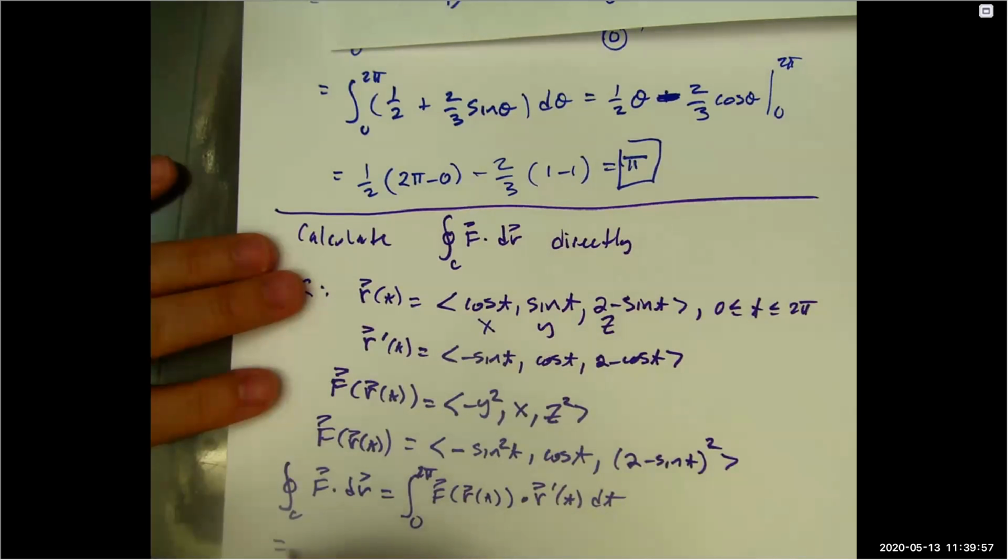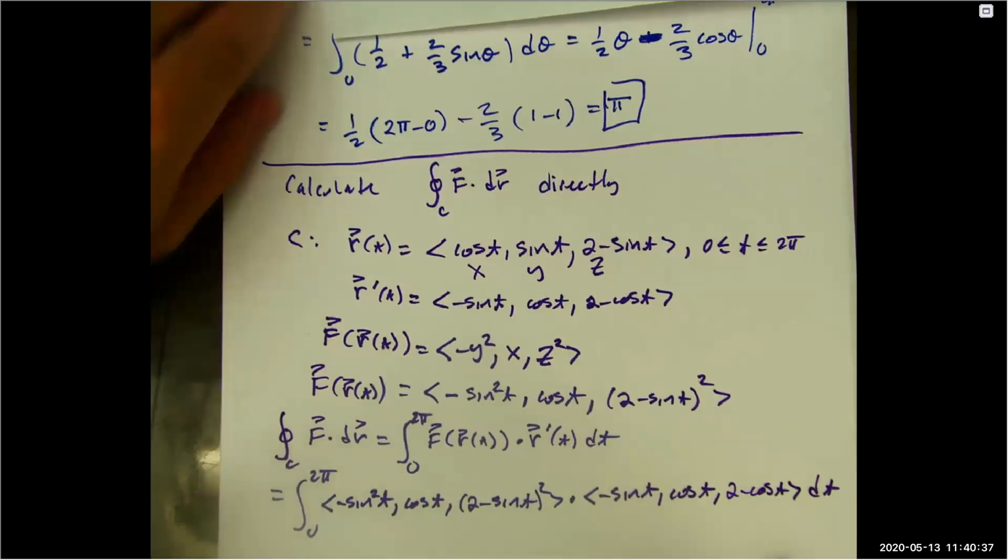And so we're going to have the minus sine squared, cosine of t, and then 2 minus sine t squared. And then we're going to dot this with the derivative, which is going to be minus sine t, cosine t, and then 2 minus cosine t. So we have all that.